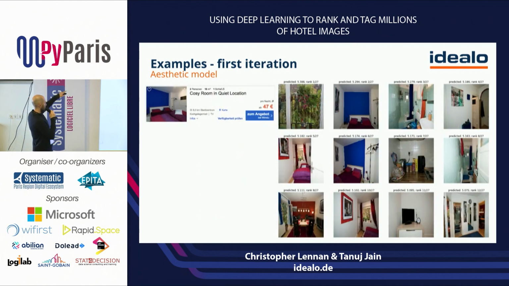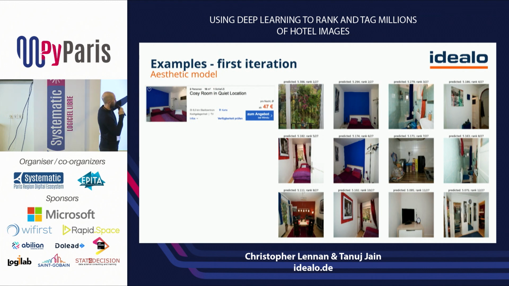If we look at specific hotel offers now, this is one offer on our website, and the offer image is this bedroom image, probably not the nicest. Then we took all of the images we have for this hotel and put them through our first iteration aesthetic classifier, and you see the predictions here, ordered with the top score on the top left and the worst score on the bottom right.